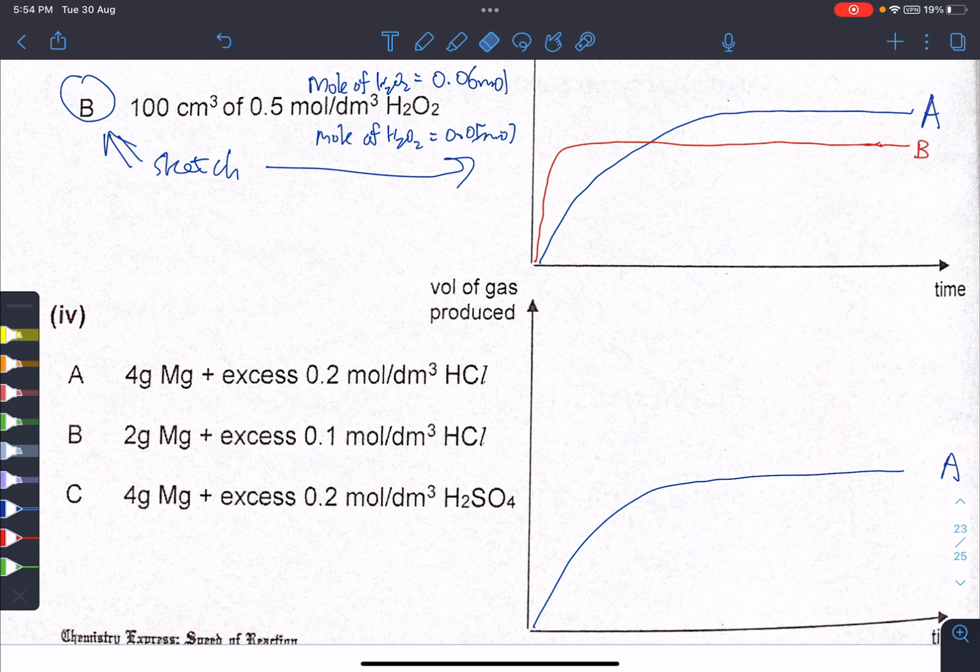Seems like there are a lot of changes. But in terms of my mole, my limiting reactant Mg goes from 4 gram to 2 gram. That means my limiting reactant is less. How much less? Half. If my limiting reactant is half, how much gas will I get? Less, and half.